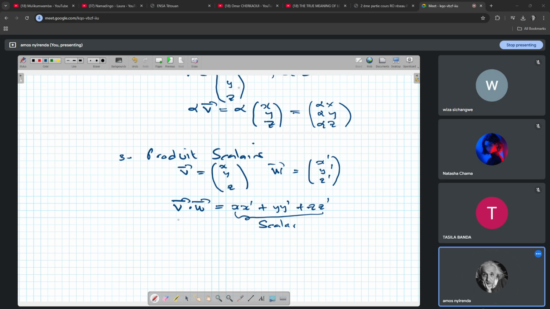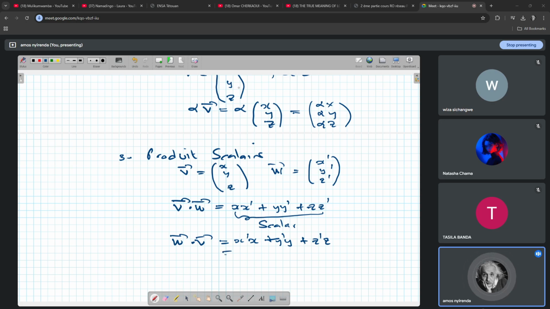So the scalar product is going to be commutative. If I say w dot v, well, I'm going to get the same thing, because I can change the positions of these two vectors, and I'll get x prime x plus y prime y plus z prime z.